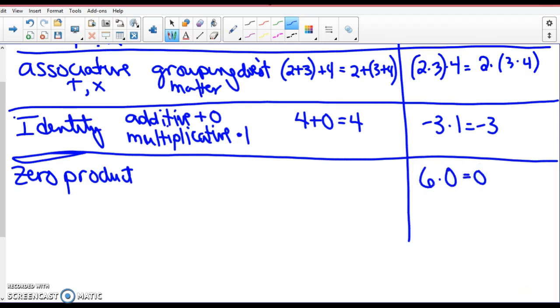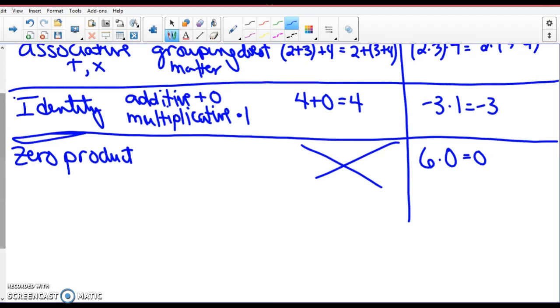There's no additive, it's multiplying by 0. That's why that X is in that box. Now, do not mix that up with the additive identity. This is adding 0, doesn't change its value. Zero product says when you multiply by 0, you get 0.